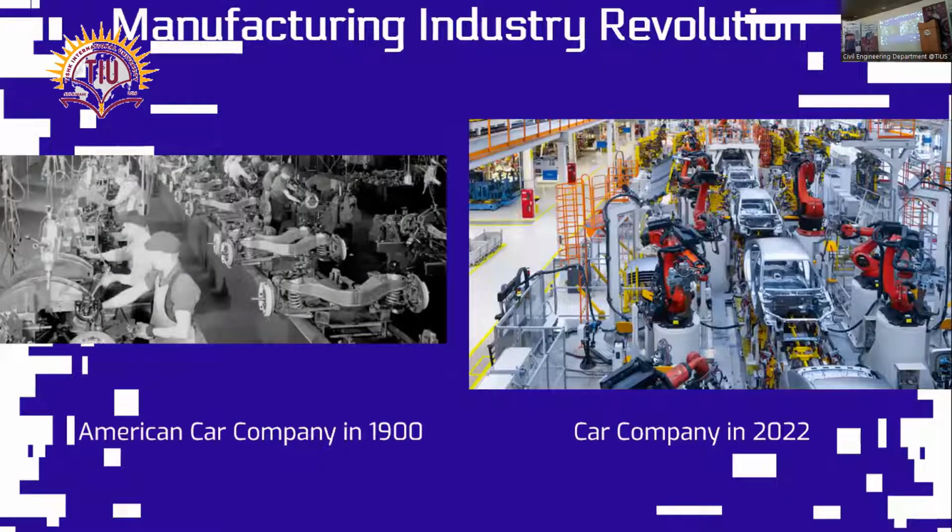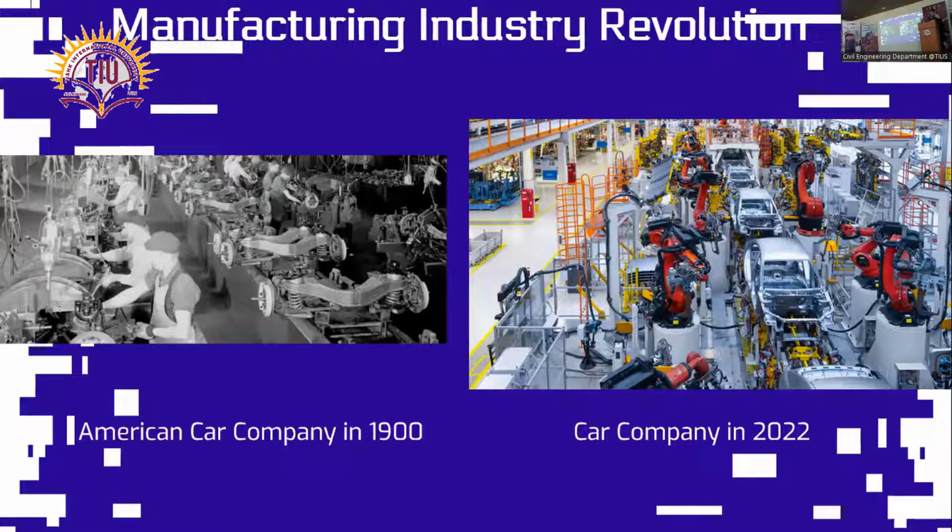And again, the manufacturing industry revolution. If you see in 1900, at an American car company, how many people contributed to the manufacturing process, you can see how many people were inside the company. But now all the car companies have completely shifted to robotic arms, so you don't need much labor, because labor costs a lot.